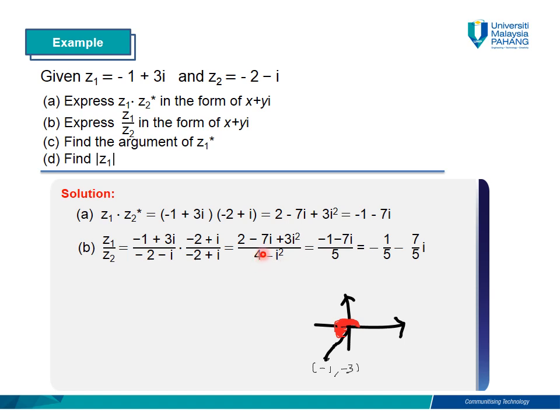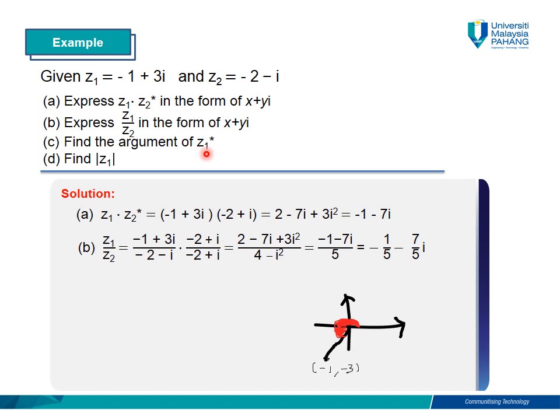Okay, so this is the answer. So i squared, we replace it with -1. So 4 minus -1 will get 5. Okay, same as this one, -3 plus 2, we get -1, so this is -7i.